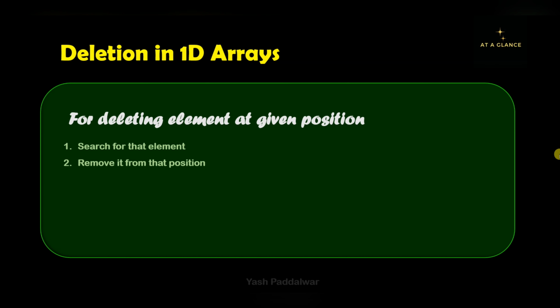Once we get the element, we need to remove it, and after that we need to see whether there are some elements to the right of it. If yes, then we need to shift all of them to the left by 1. This is how you can delete any element located at a particular given position. First search, then delete, and then perform the shifting operation if required.